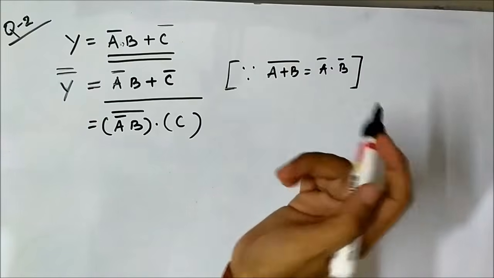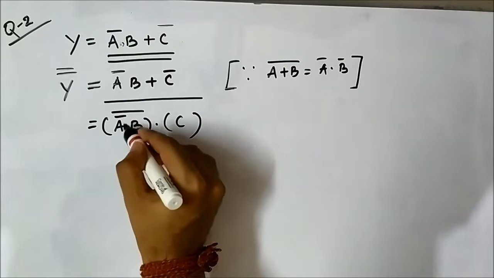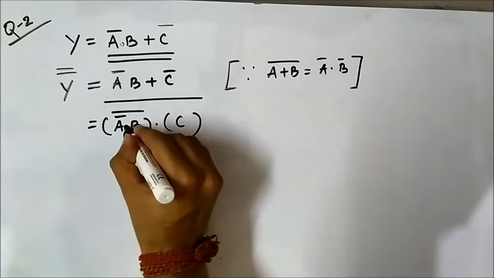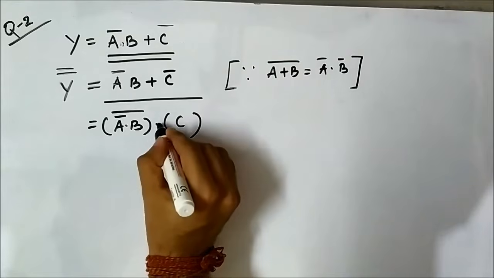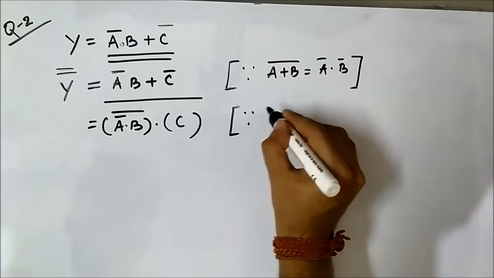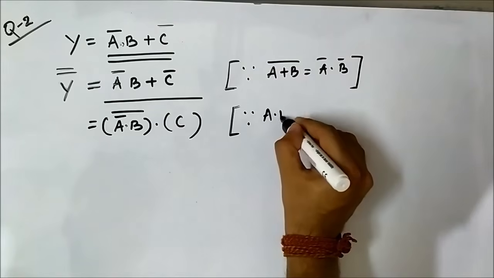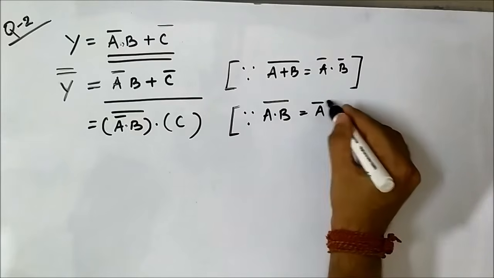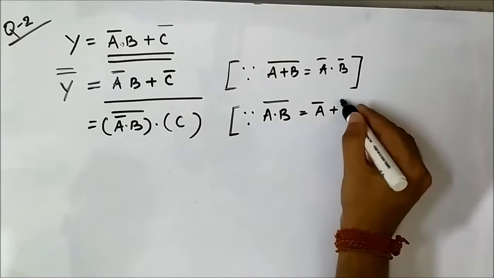Okay. Now again here, in this portion and this entire expression we will apply this De Morgan theorem. (A B) whole complement is A complement or B complement.